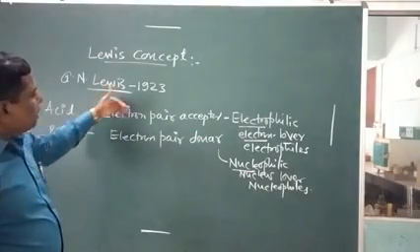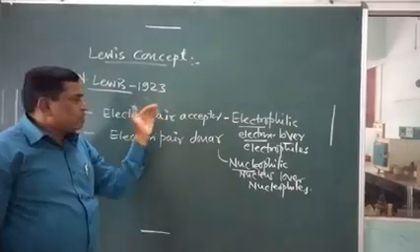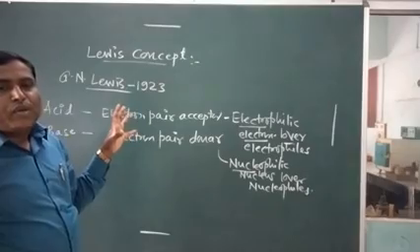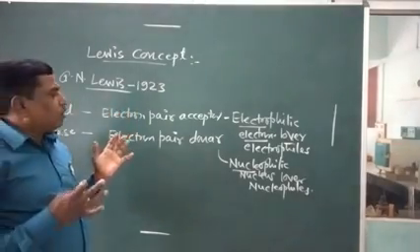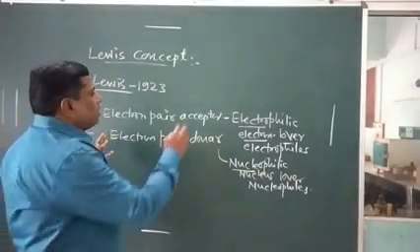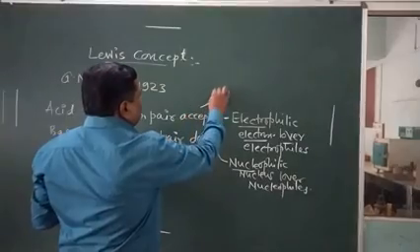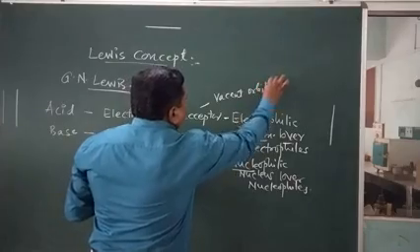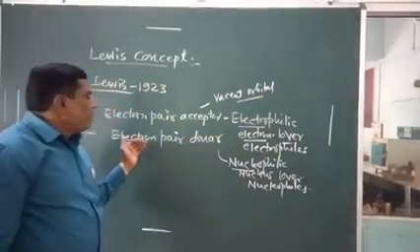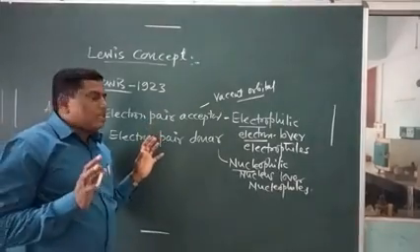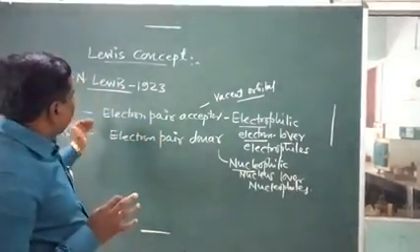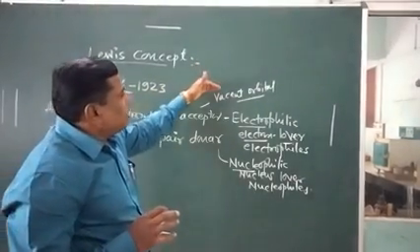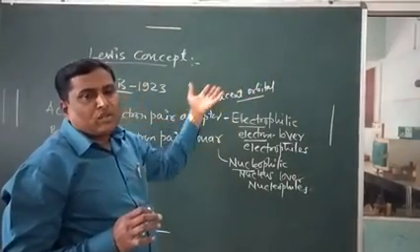Generally, when we take an electron pair acceptor species, it must possess vacant orbitals, to gain the electrons. Vacant orbitals must be present in the outermost shell, which is called the valence shell. So acids must possess vacant orbitals, meaning positively charged species.